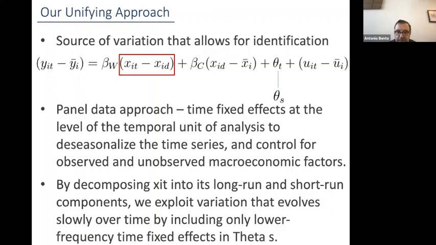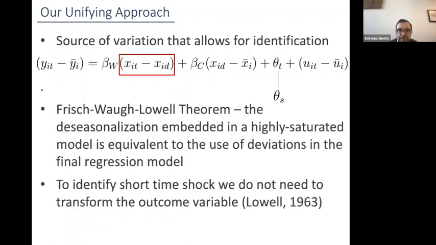Here, by decomposing the X_it into these long run and short run components, what we are going to do effectively is think of the variation that evolves very slowly over time. And then we do that also by including only a lower frequency of time fixed effects in theta.